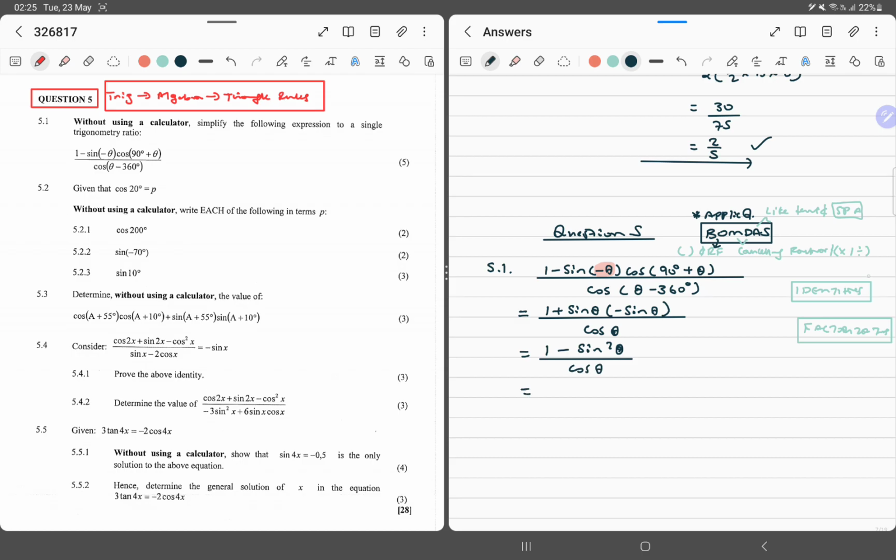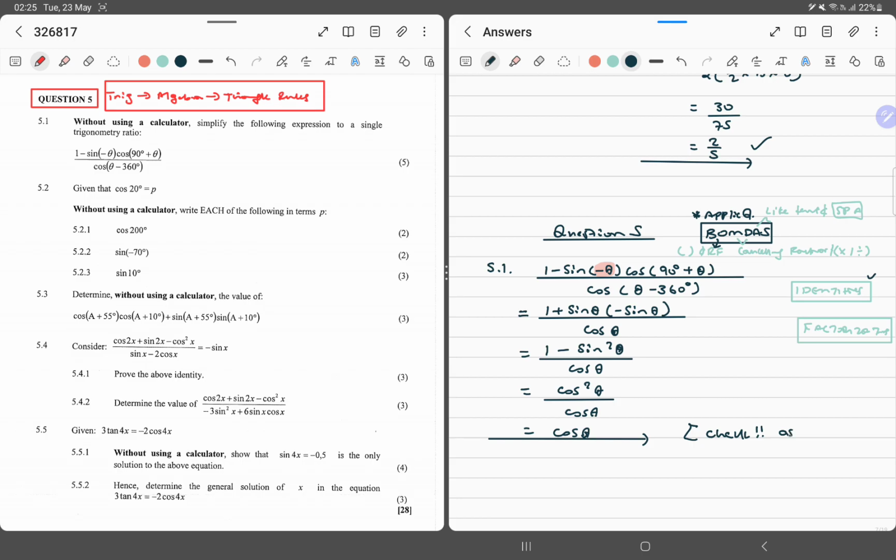Now you can see that when we get to identities, this is the same as the square identity, so it's going to be cos squared theta divided by cos theta, which is the same as cos theta. So that's a single trigonometric identity. Then you can check this thing. How do you check it? You just assign any theta value.